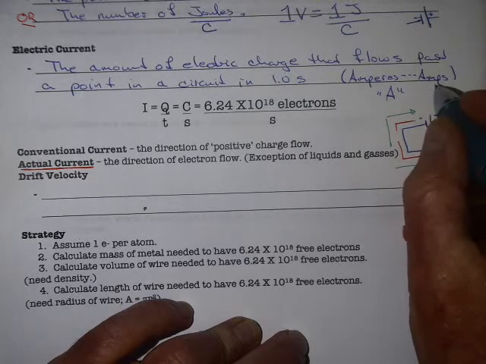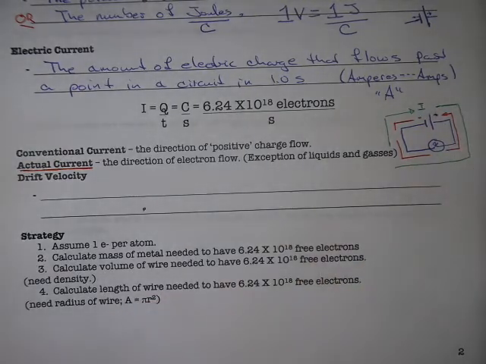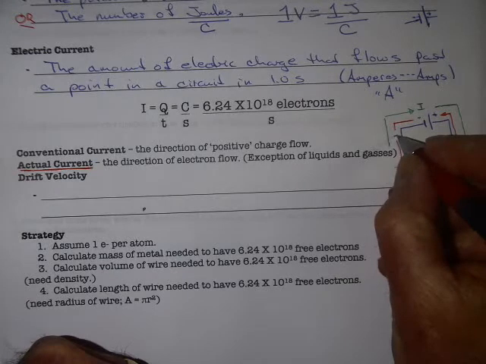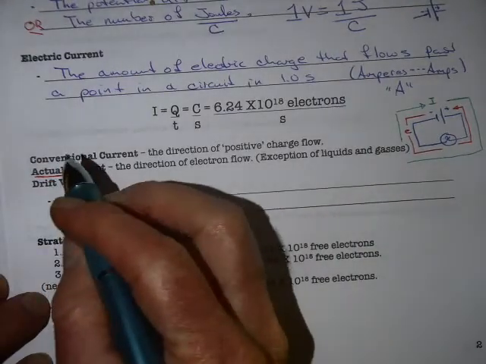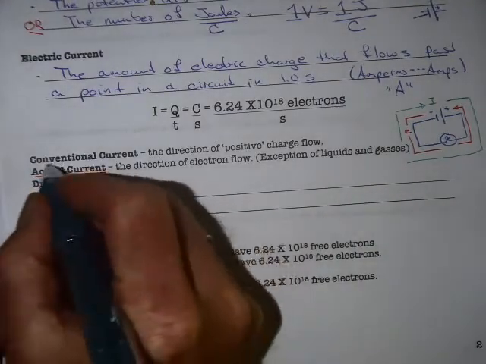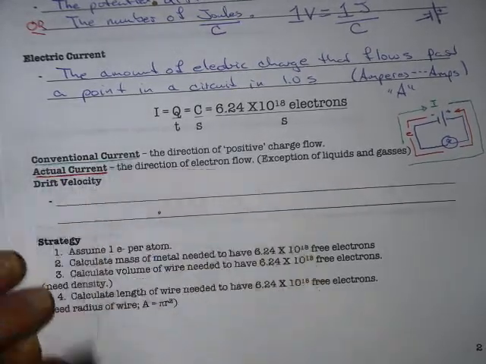So you think of this as I, current going in this direction, and then electrons going in the opposite direction. Okay? So I'm going to put this green. Still is green, right? Yeah. All right.